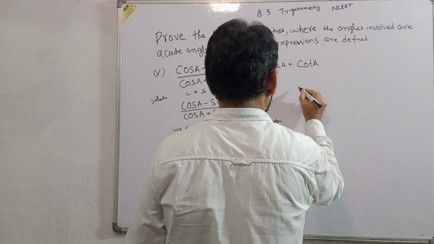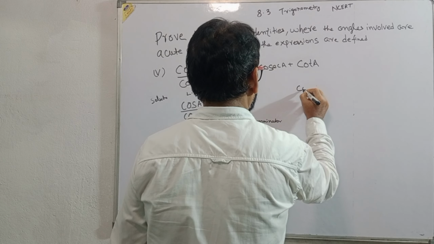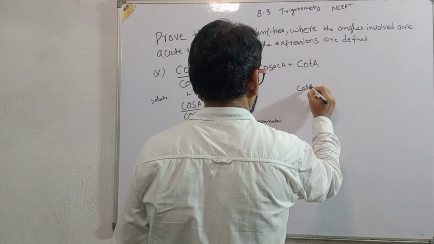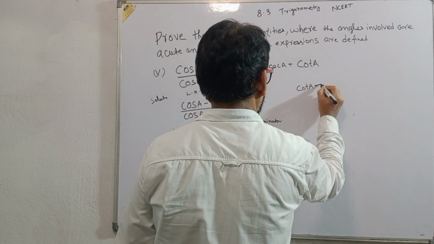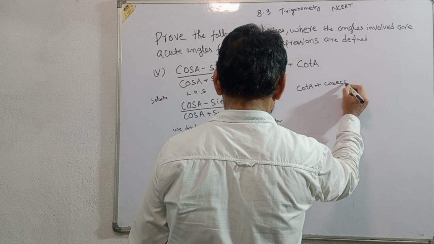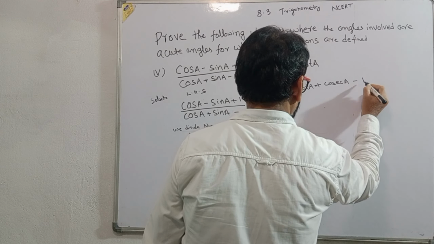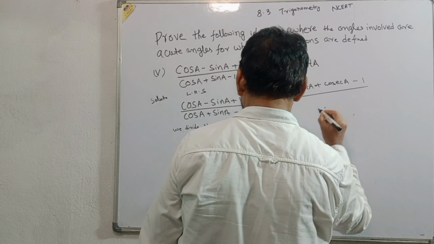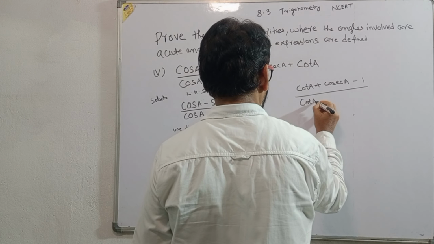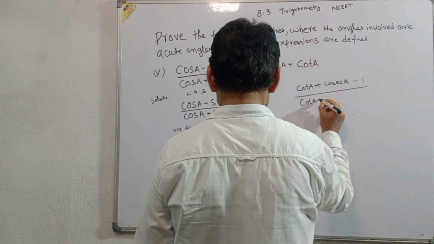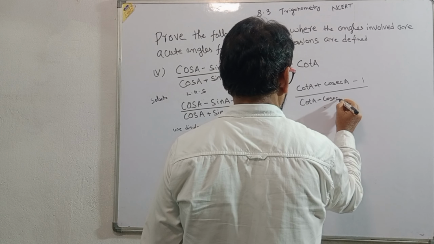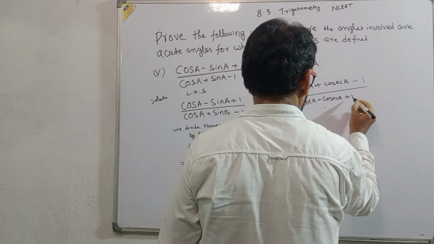Now cot A plus cosec A minus 1 divided by cot A minus cosec A plus 1.